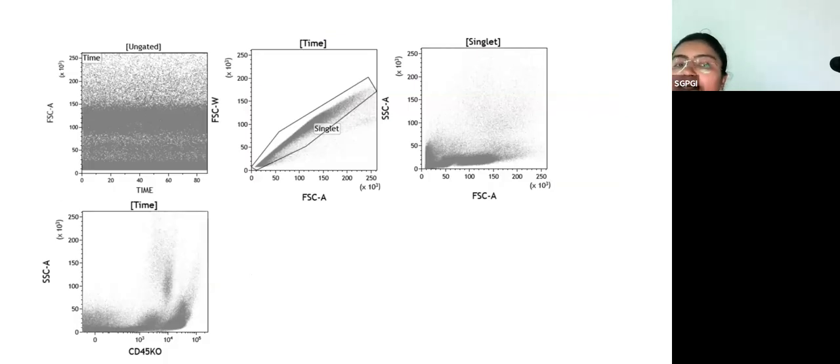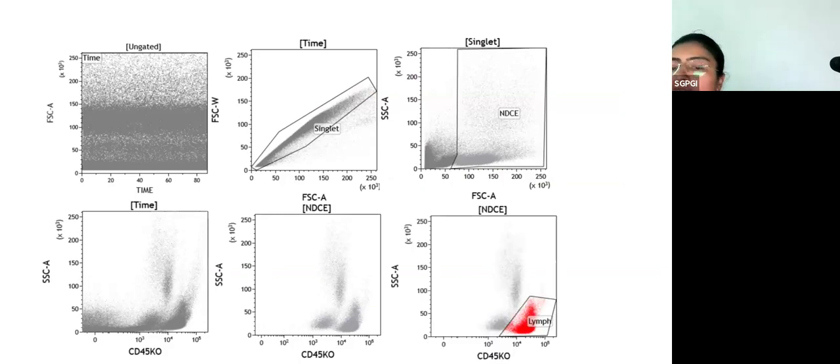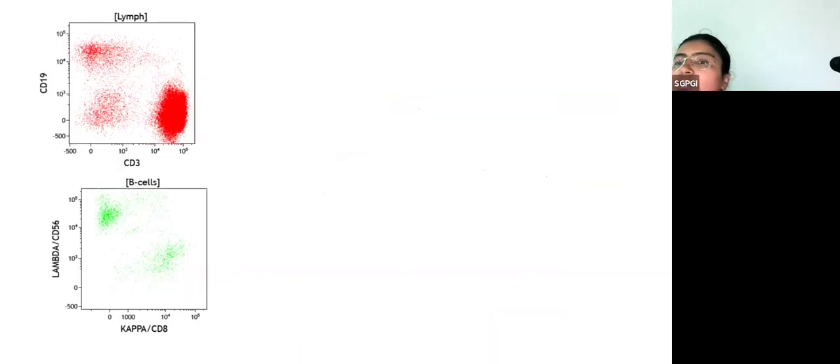So looking at the cells here, time plot, singlet plot, and the SSC plot, and once you clean everything up, you realize that you have a dominant population, which is CD45 positive. So that entire population we are getting as lymphocytes. So based on the 19 and 3 plot, what do you see? Huge amount of CD3 positive cells.